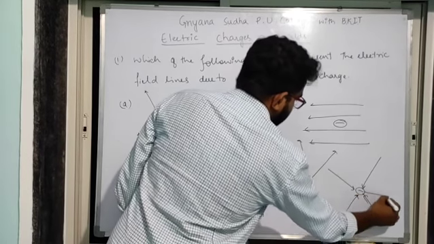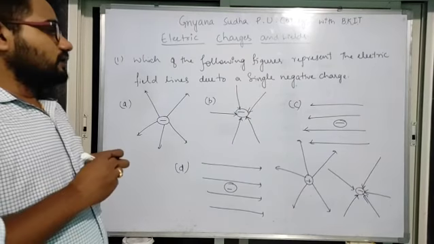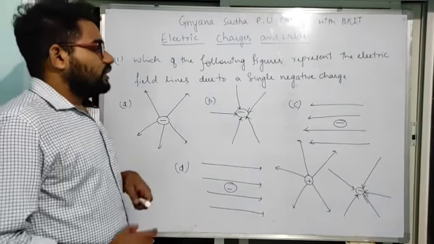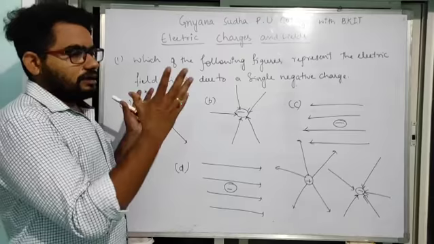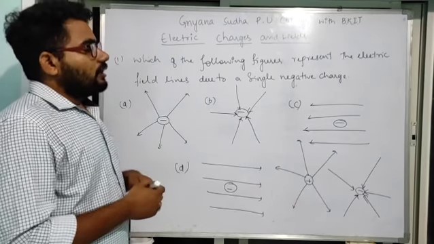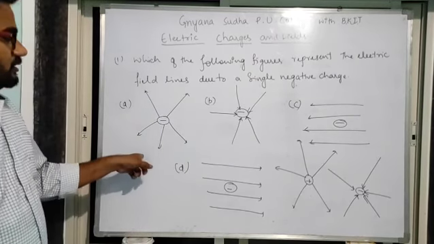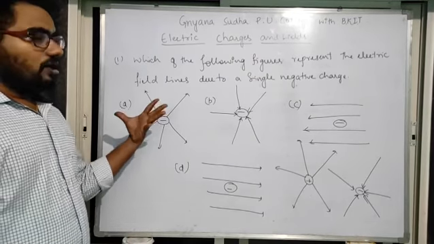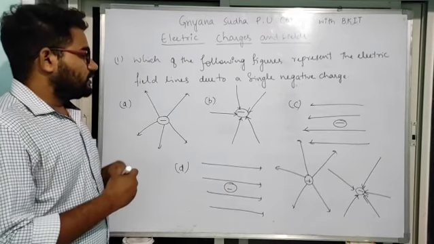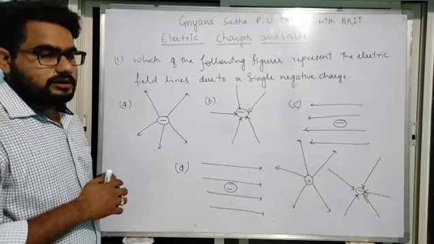Inward direction. We also studied that they are divergent, they are getting outside. In the first one, the field lines go in the outward direction, perpendicular to the surface, originating from the surface, right?